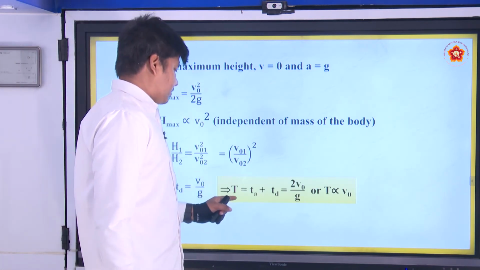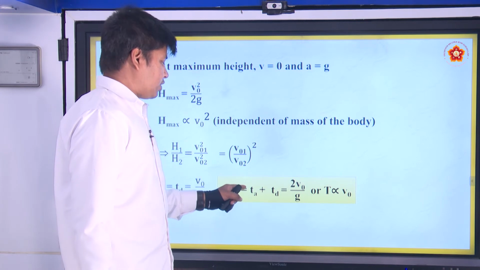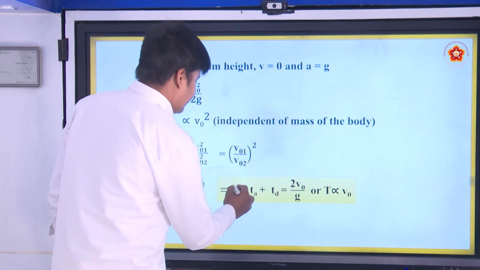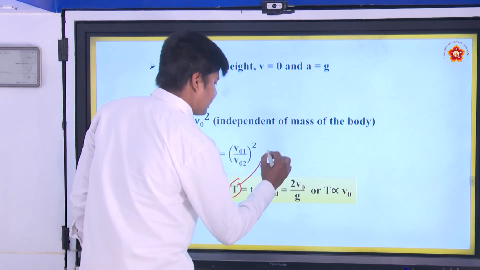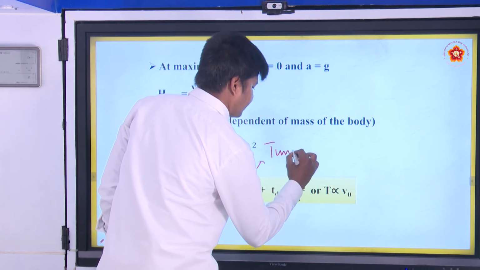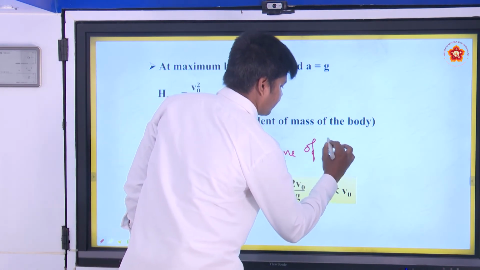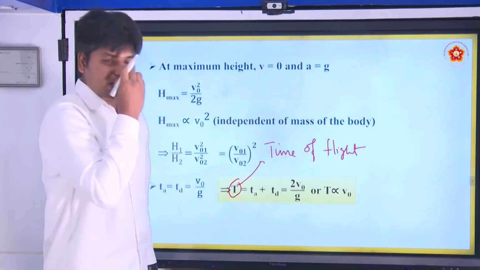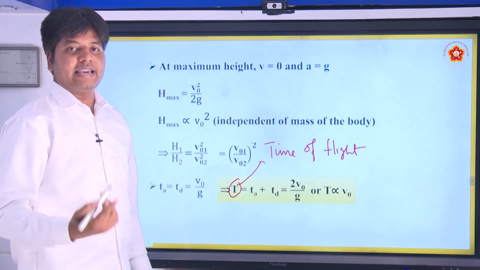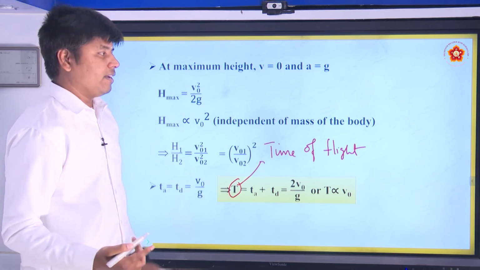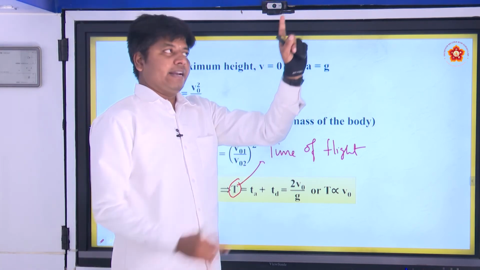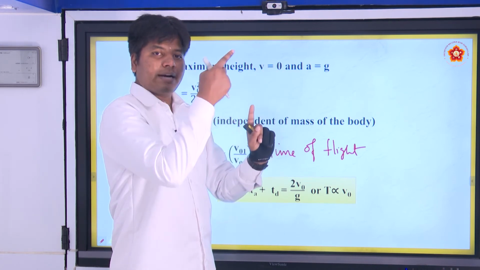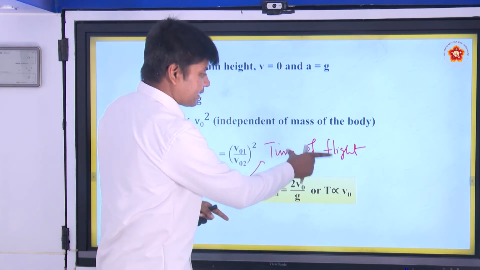So, from here you can write t is equal to ta plus td. This t is nothing but what we call time of flight. That means how much time the body is in air, how much time the body has travelled. It is time of ascent and time of descent, going up and coming down, whole together we call a time of flight.